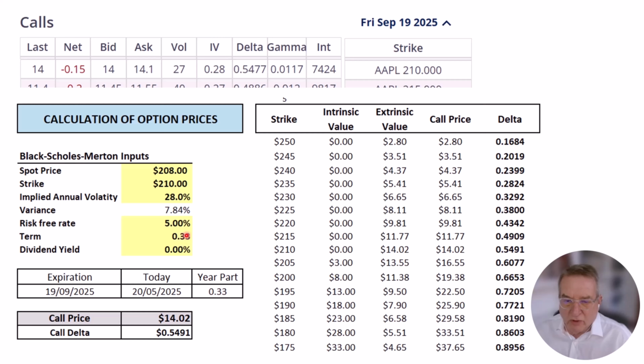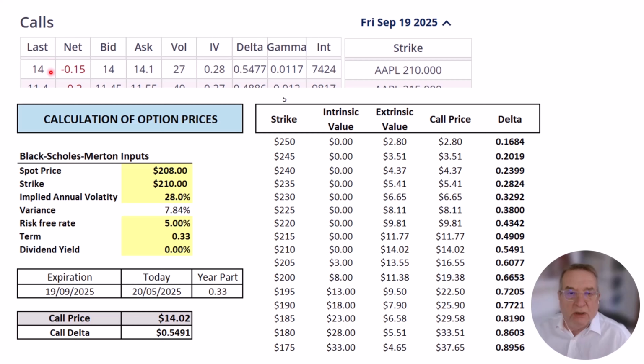So I plug 0.33 in here as the term for this option. I'm going to assume a dividend yield of 0. And what we can see, the price for the call with these inputs, according to this model, comes out at $14.02, very close to what we see the price being quoted at.